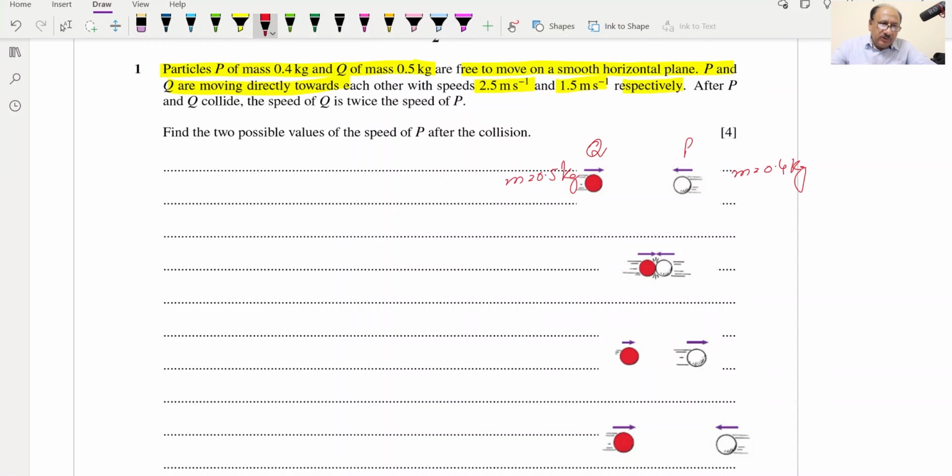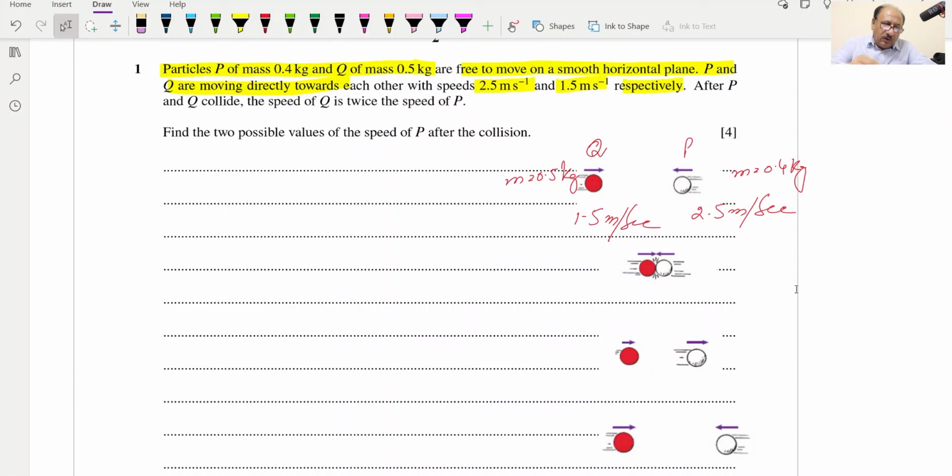So 1.5 meters per second will be in case of Q, and this will be P, which is 2.5 meters per second. This is the velocity.